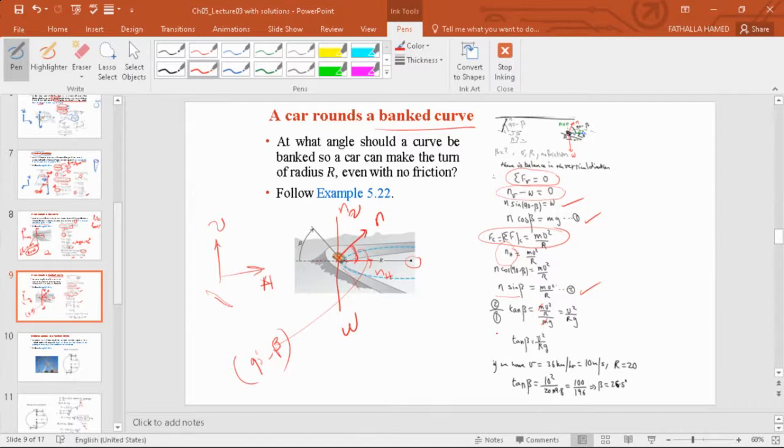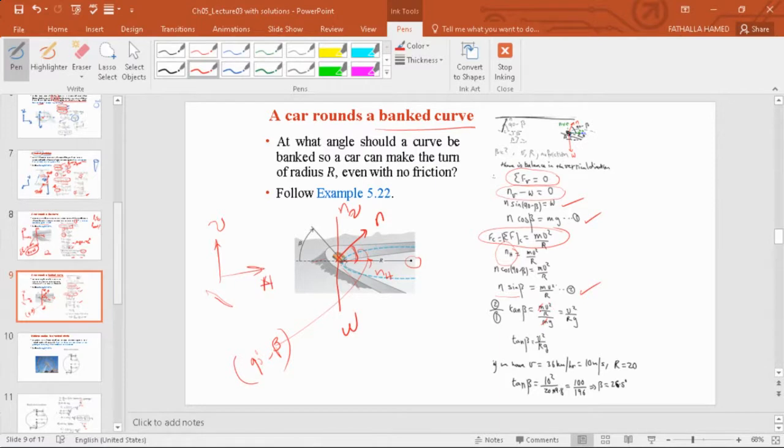Now, if I divide 2 by 1, that means n sine beta equals mv squared over r, I divide it by 1. So you'll have n sine beta divided by n cosine beta. N and n will cancel out. And sine beta over cosine beta will give you tan beta. And here you will have mv squared over r over mg.